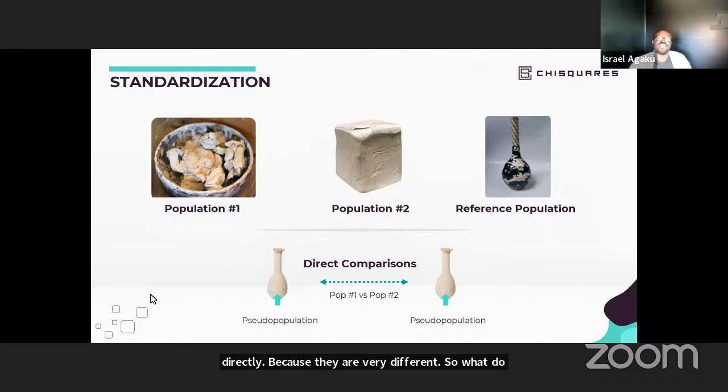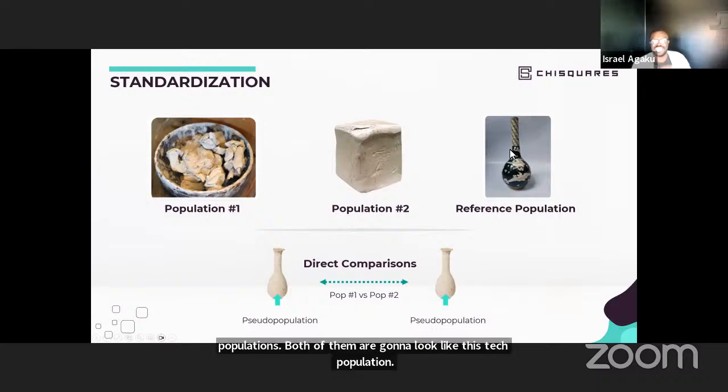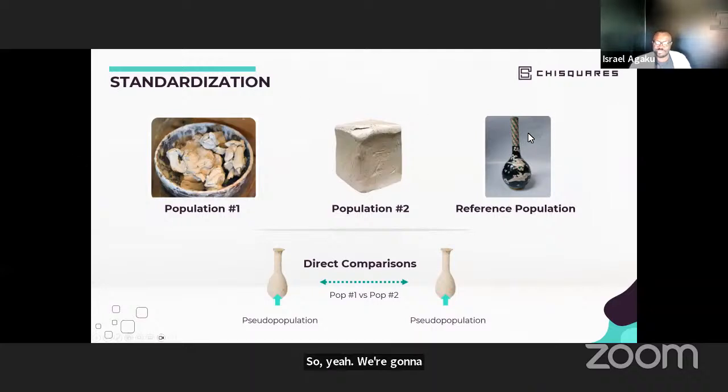I can now say, all right, I'm going to force these two populations, both of them, to look like this third population. So we're going to say, if population 1 were like this reference population, then its death rate will be so and so. And if population 2 were like this reference population, then its death rate will be so and so.